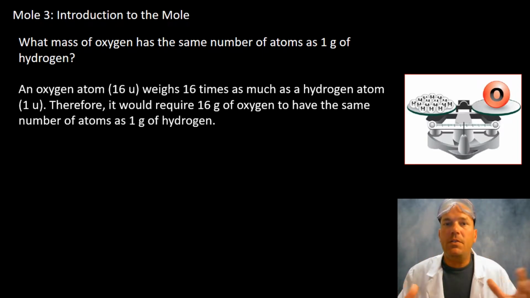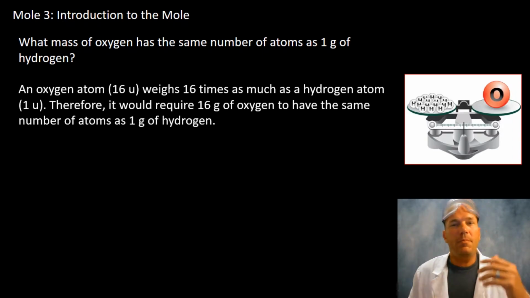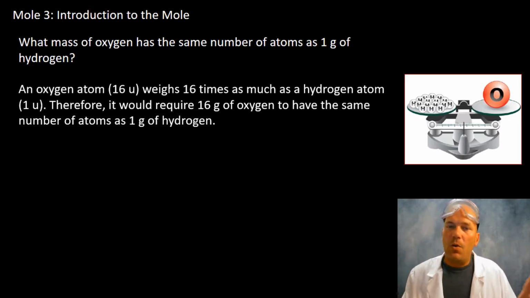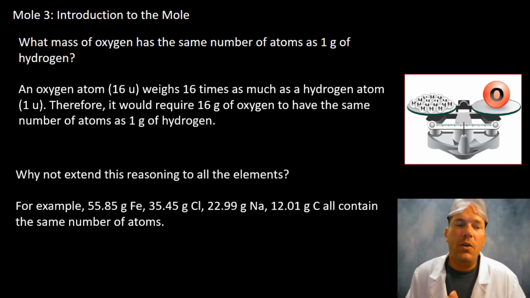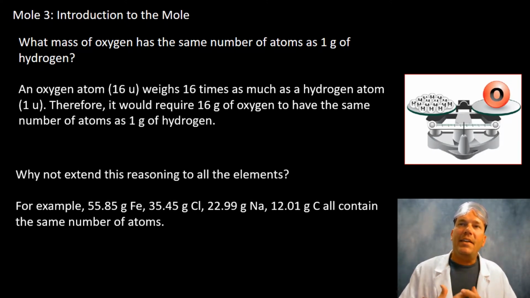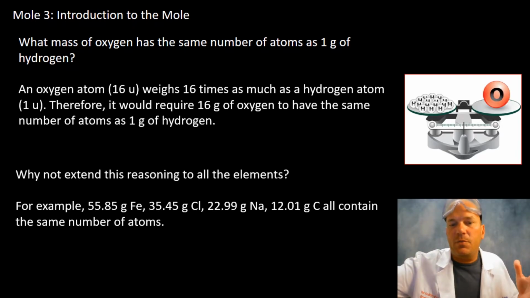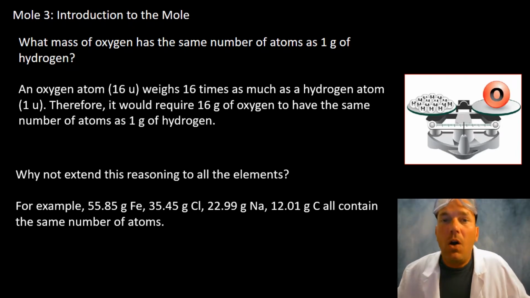Now, I've tried to give you some intuition. We did the whole paperclip thumbtacks and all that, so hopefully that makes sense to you. All right, and so the idea is, well, we can extend this reasoning to all elements.